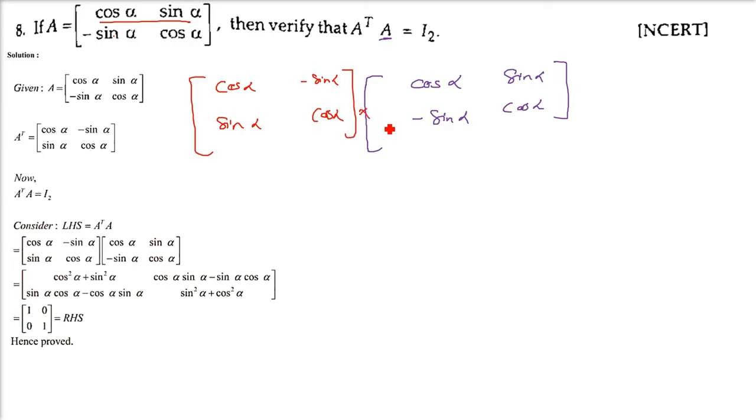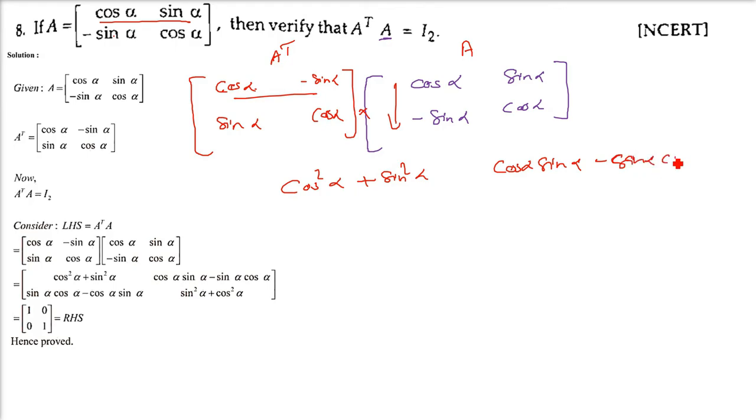Now let us multiply. This is A transpose, this is A. It has to come as the identity matrix. First row, first column: cos alpha into cos alpha, cos square alpha. Minus minus is plus, so plus sin square alpha. First row, second column: cos alpha into sin alpha and minus sin alpha into cos alpha. Second row with the first column: sin alpha into cos alpha minus sin alpha cos alpha.